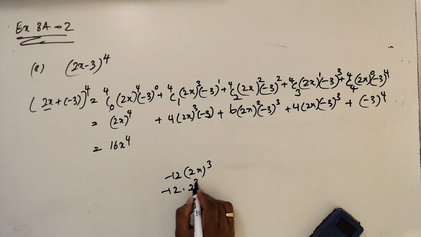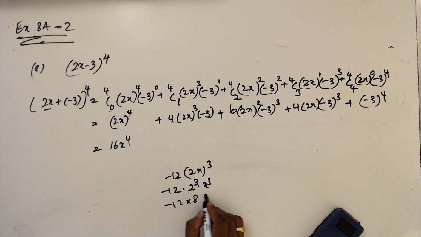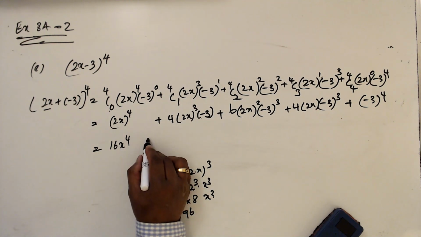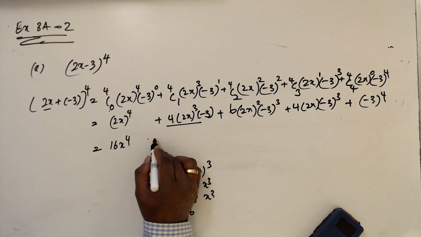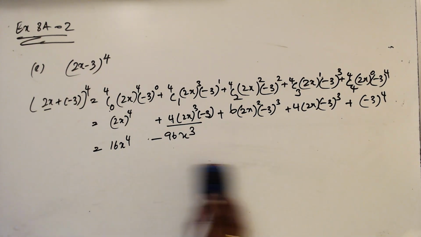This is going to be 2 cubed and x cubed. So minus 12 times 2 cubed, meaning 8x cubed. So this is 96x cubed. So the answer for this one is minus 96x cubed.